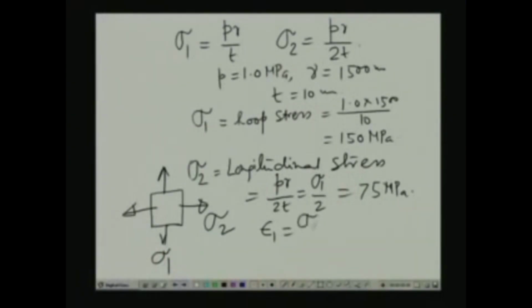Epsilon 1 is equal to sigma 1 by E minus mu times sigma 2 by E. If we substitute the values of sigma 1 and sigma 2, we find the strain is 0.6375 into 10 to the power minus 3. So this is the value of the strain it is undergoing.